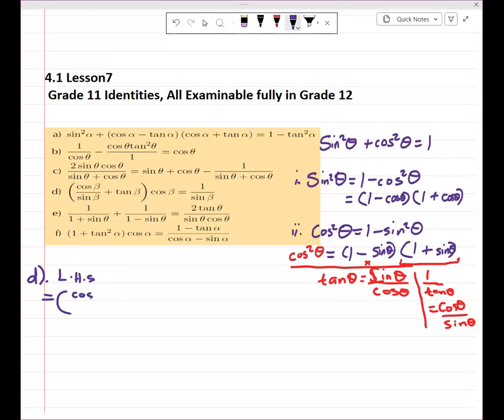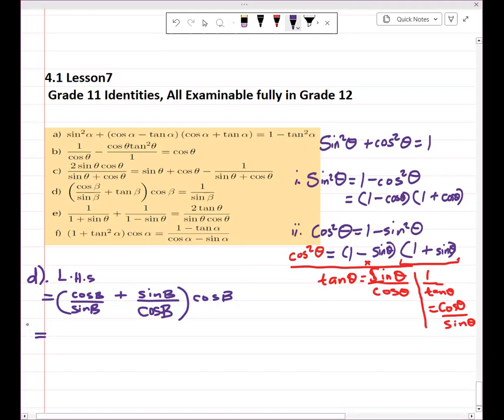So this part, I'll just leave it like this, which is cos B over sine B. And then here I'm having 1 minus tan B, remember it's basically sine B over cos of B. And then I need to multiply by cos of B. Okay, perfect.